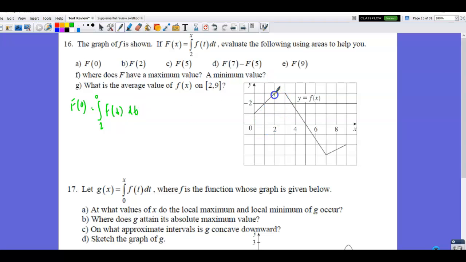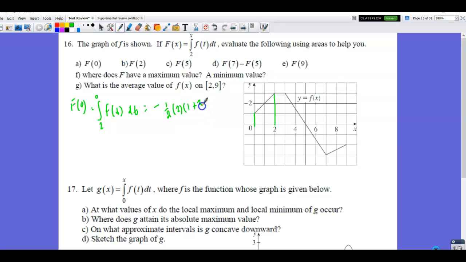So if I go from 2 to 0, this area is positive, but I'm going to negate it. I see a trapezoid, so that area would be negative 1/2, the height is 2, base 1 is 1, base 2 is 3.